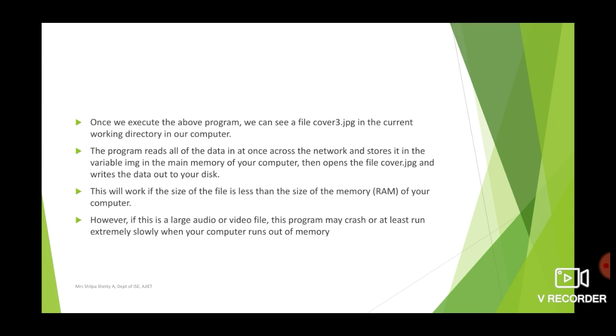Then it opens the file cover3.jpg and writes the data out to the disk. This will work fine if the size of the file is less than the size of the memory, that is the RAM of your computer. However, if it is a large audio or video file, this program may crash or at least run extremely slowly when your computer runs out of memory.